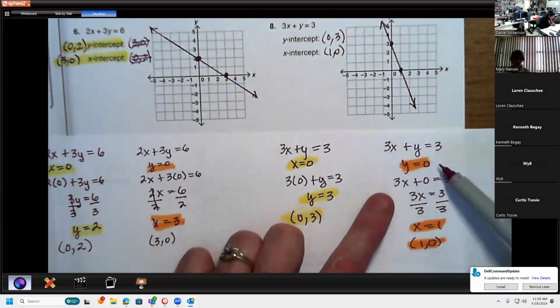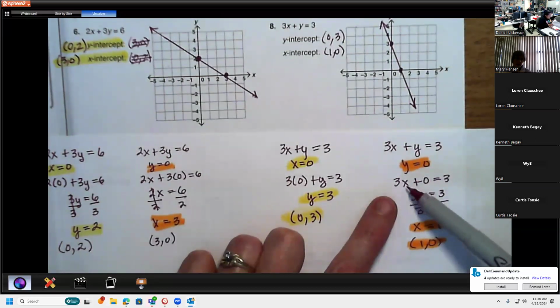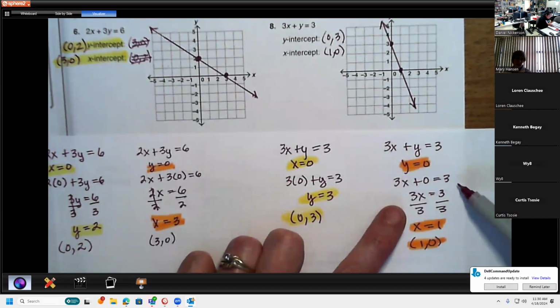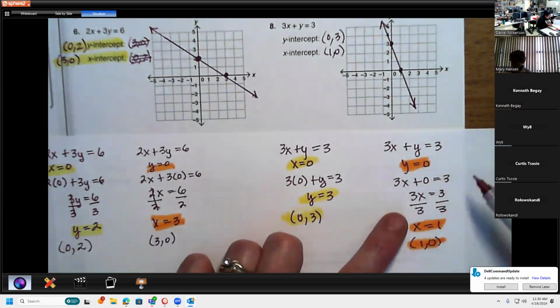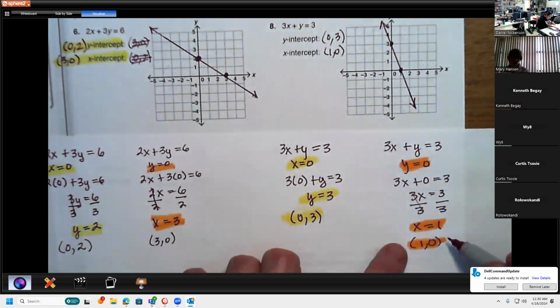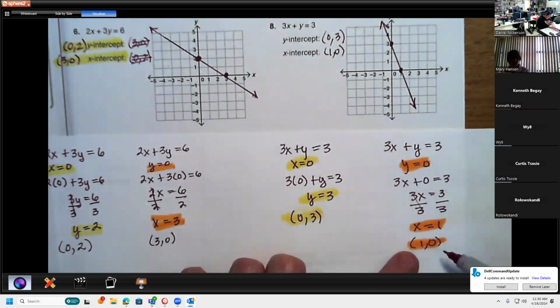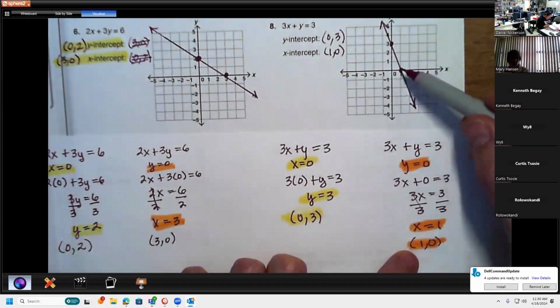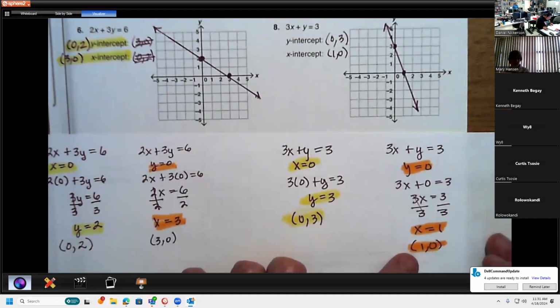And then when I do the problem again, and I let Y be 0 this time, I have 3X plus 0 is 3. Or 3X is 3, divide by 3, and then X is 1. So I have 1 for X, 0 for Y, 1, 0. That means I go over 1, up 0. I'm on the X axis, so it's the X intercept. And that's what the line looks like. Okay?